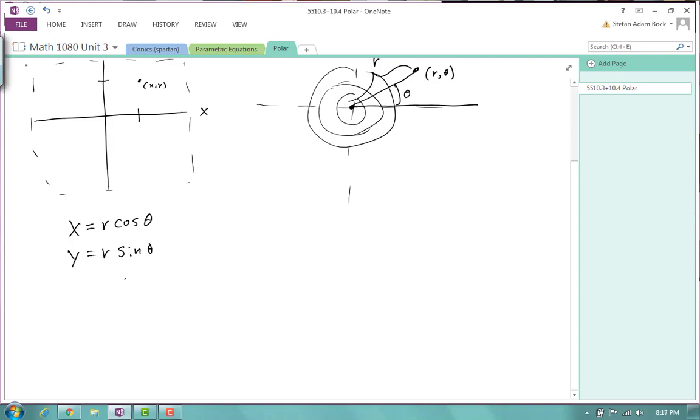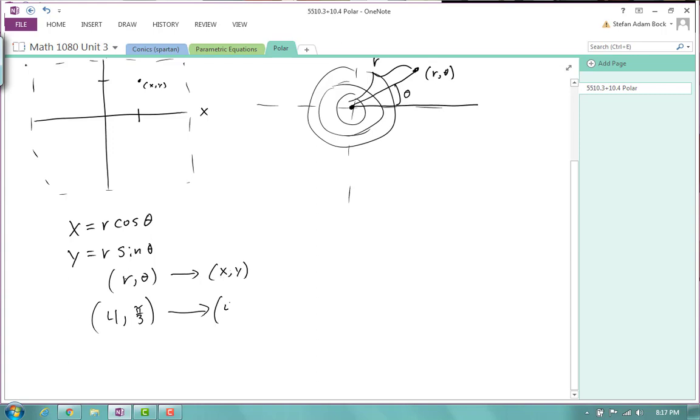For example, if I go from r comma theta to x comma y, and I have the point 4 comma pi over 3, then this is going to map to x is r cosine theta.